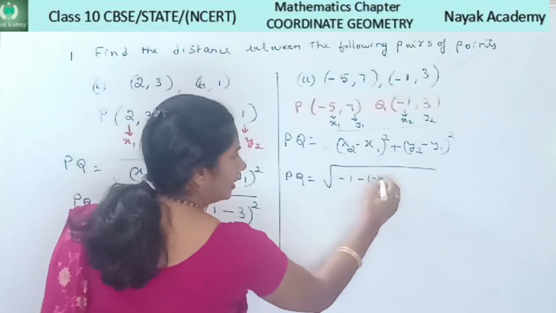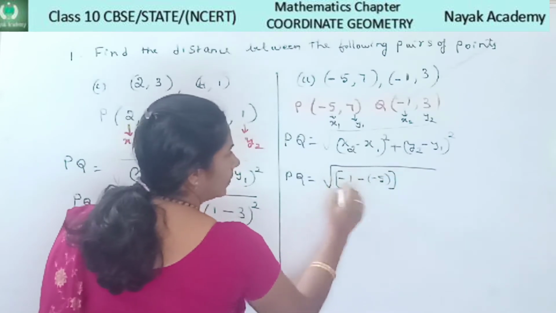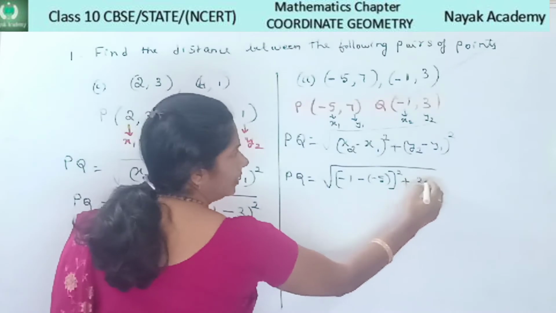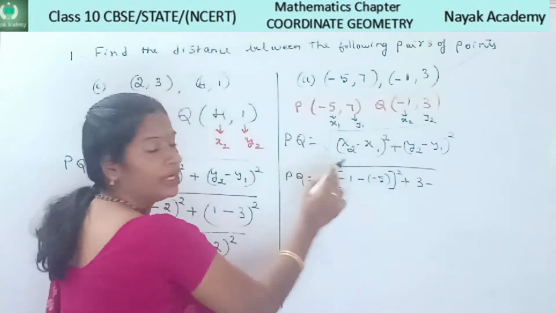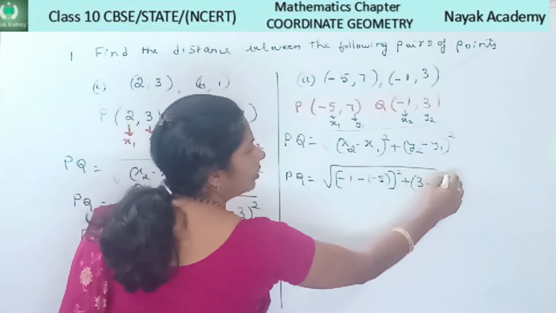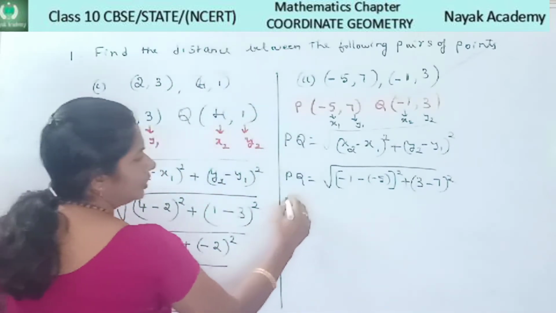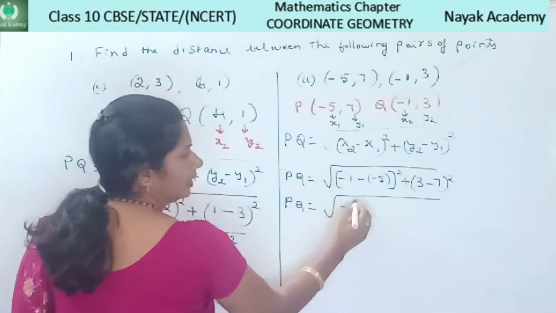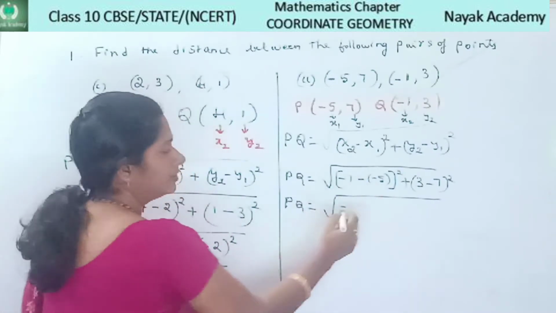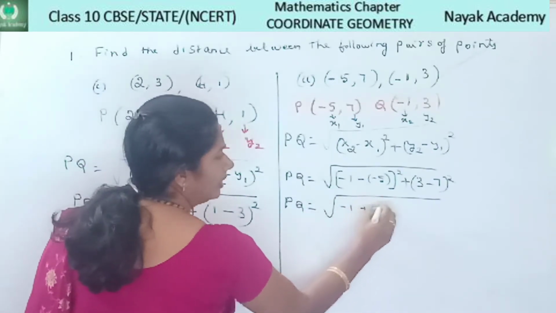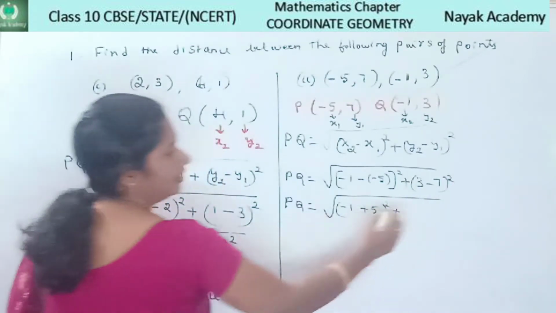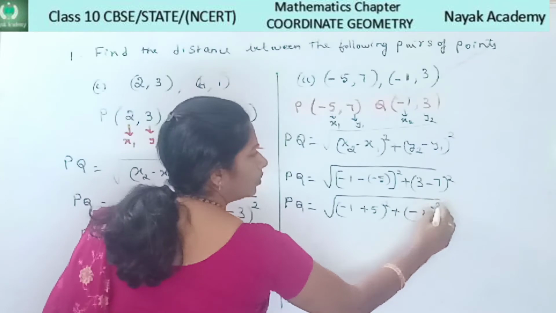So write in a bracket, whole square, plus y2 value is 3 minus y1 value is 7, whole square. So PQ value is square root of minus 1 plus, minus of minus is plus, 5 whole square plus 3 minus 7, it is minus 4 whole square.